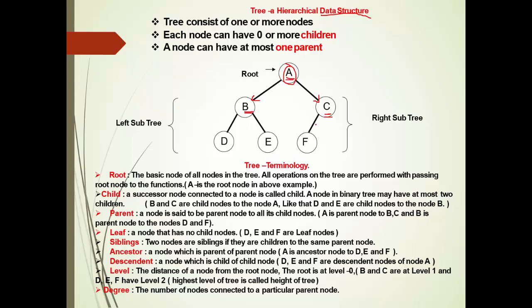Why? Because they are coming from the same parent. And we can say also D and E are also siblings, because B is the parent of D and E.